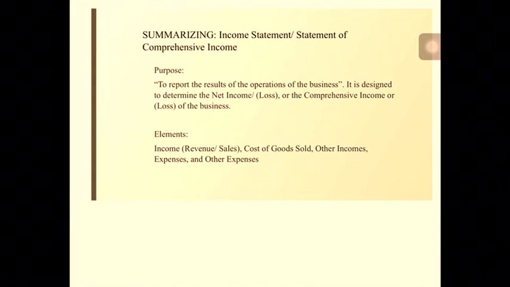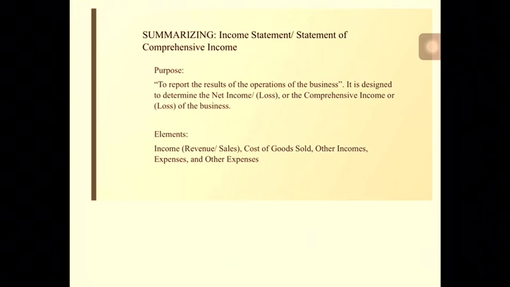Whenever you see the phrase results of operations of the business, or simply the term operations, I want you to immediately think that it has something to do with the profit-directed activities of the business, the profit-generating activities of the business.